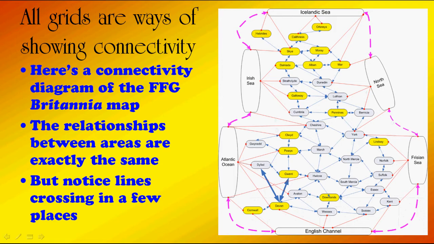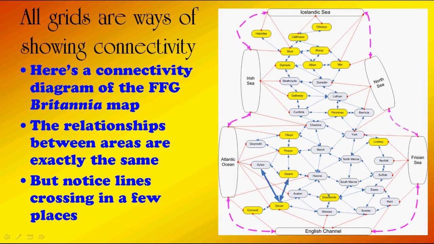Now, when you think about it, all of these grids are simply ways of showing connectivity between locations. So here I have a connectivity map, a connectivity diagram, I guess you would say, of the Fantasy Flight version of the Britannia map. So this is exactly equivalent in connectivity with the Britannia map from a few slides earlier.